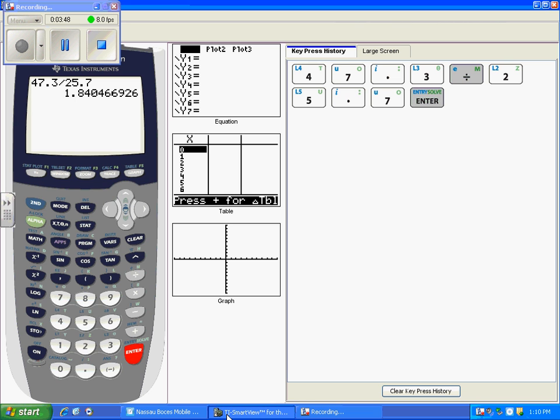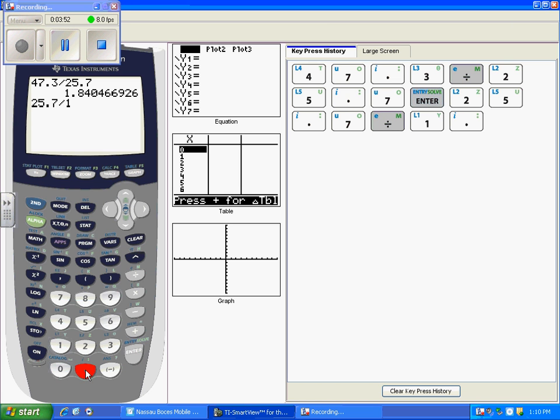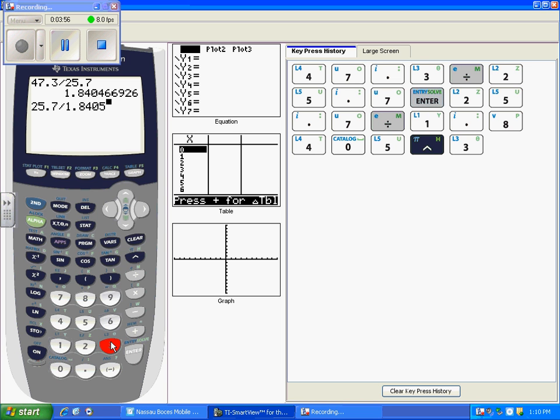So here we go. 25.7 divided by 1.8405 to the third. Luckily, your TI-84 knows order of operations. It will do the third power of the denominator first and then divide. And we get an answer of 4.1222.